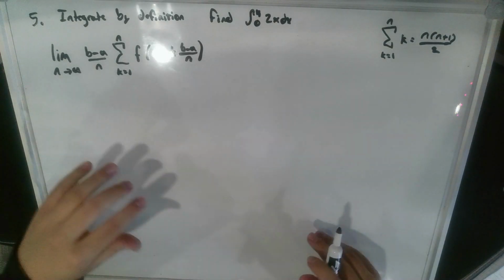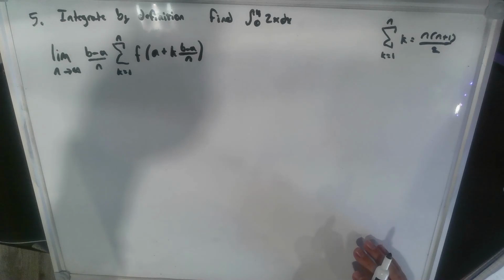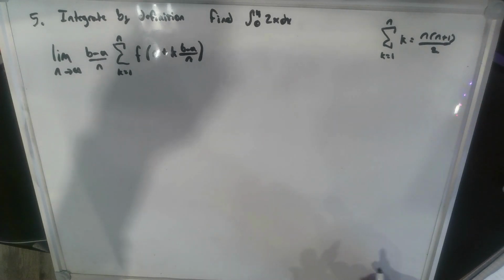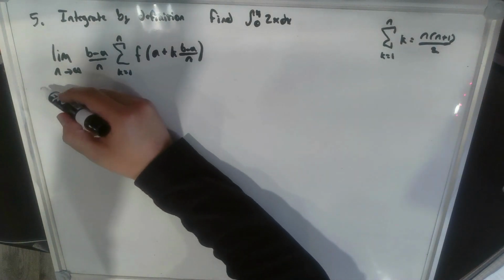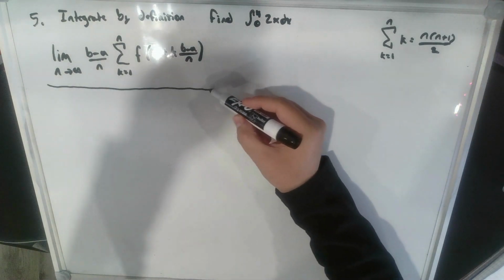This is problem 5. Integrate by definition. Find the integral from 0 to 4 of 2x dx. So we have the formula, this is the definition of the integral.